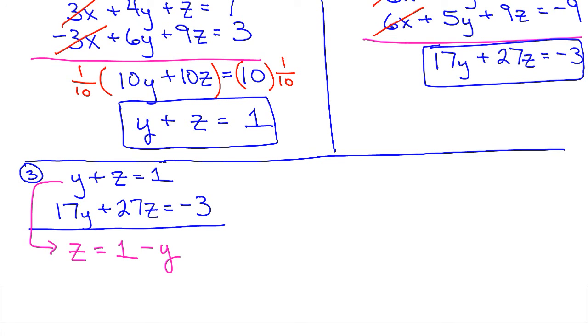That tells me that the next equation is actually 17y plus 27 times 1 minus y is equal to negative 3.